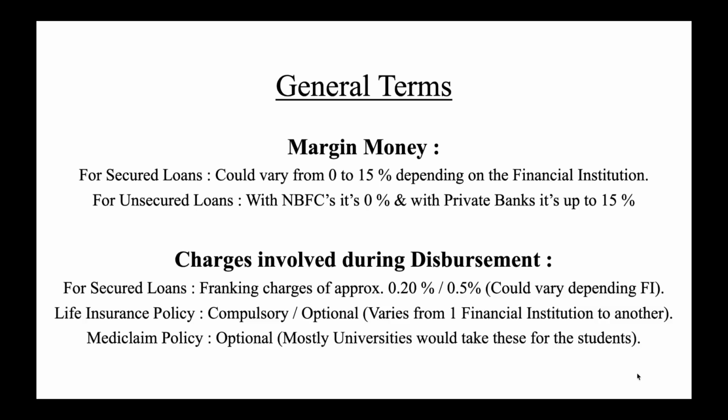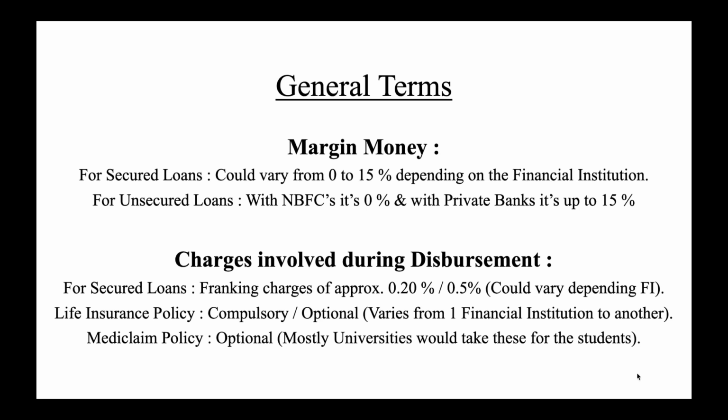Now, with regard to disbursement, first is the origination fees. I think we covered that in the last slide. That's the processing fees. For secured loan, obviously there are franking charges, which means 0.2% in case of equitable mortgage, 0.5% in case of registered mortgage. Life insurance policy is also mandatory, which means it's a life insurance against which you take a loan.